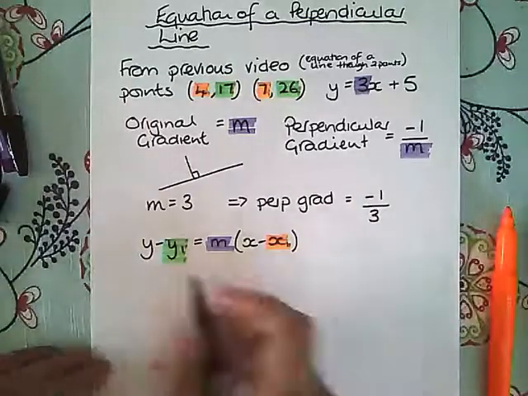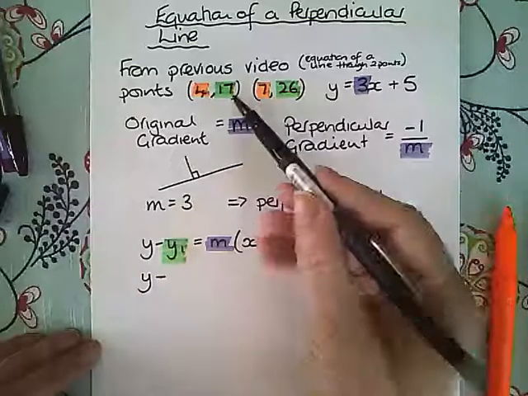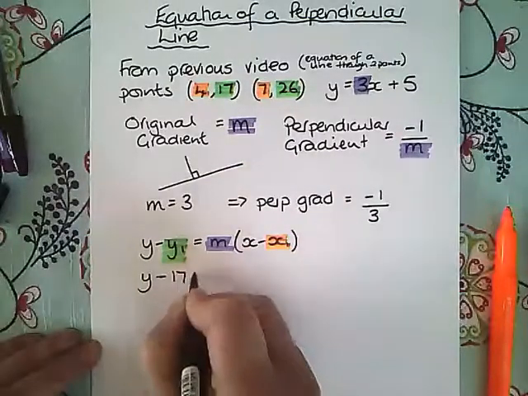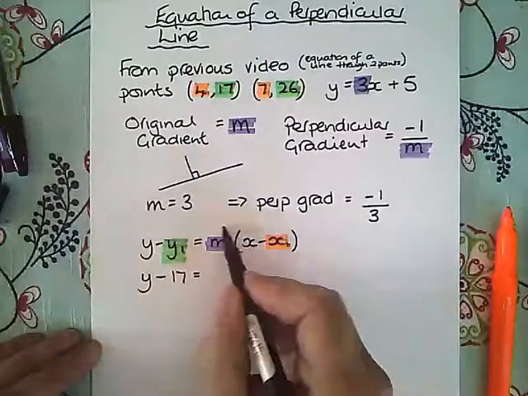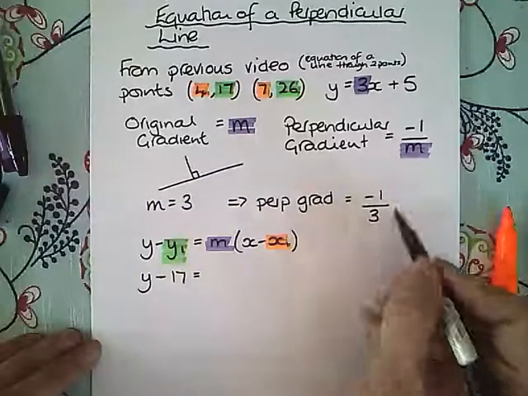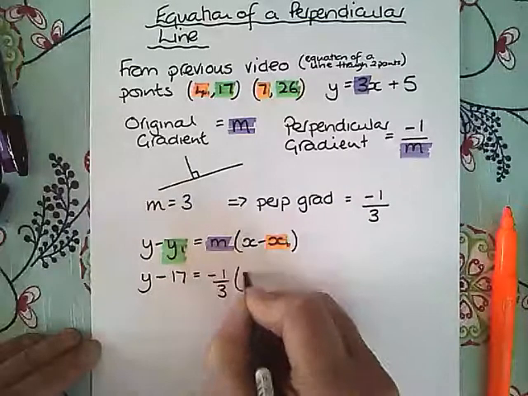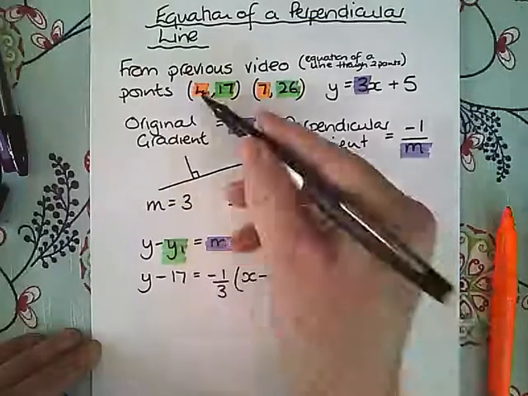Substitute our values in. y take away y1 is 17, is equal to m, the gradient, which is the perpendicular gradient, -1 over 3, times x minus x1 is 4.